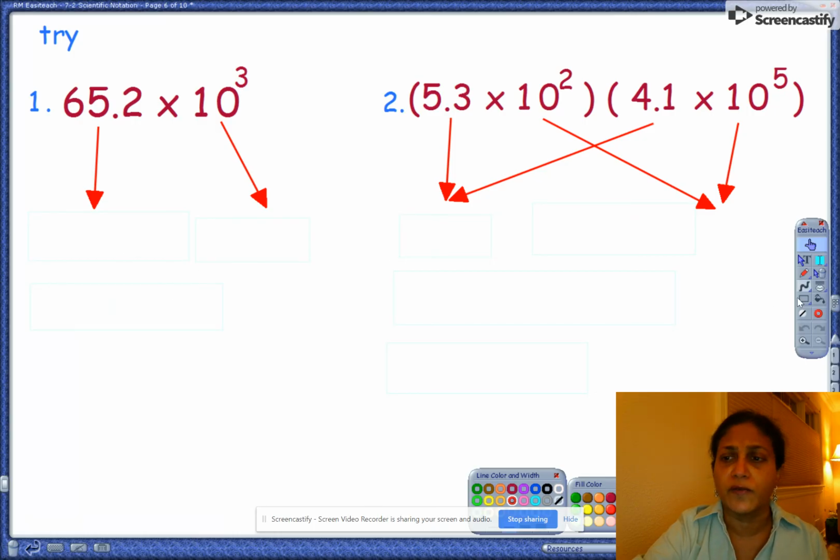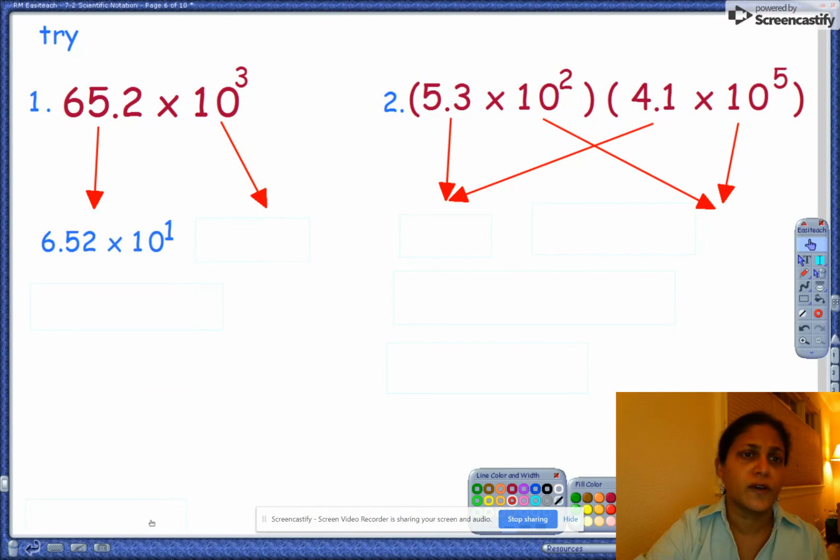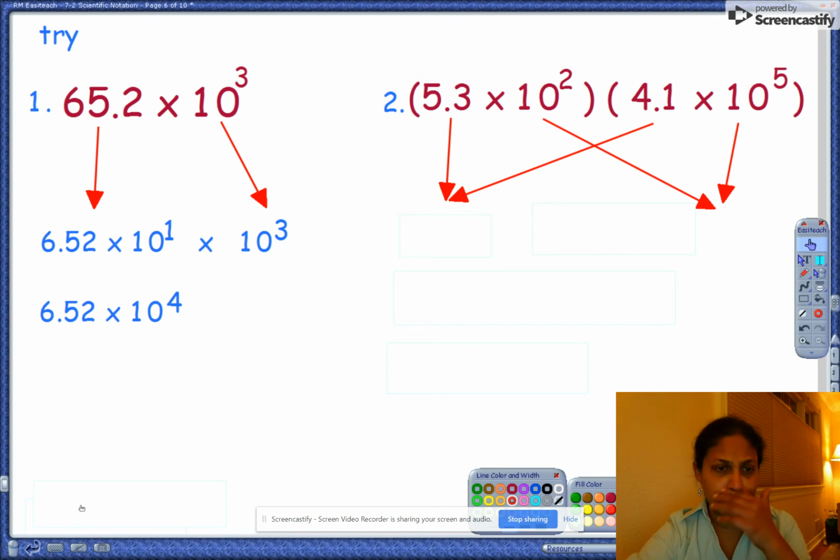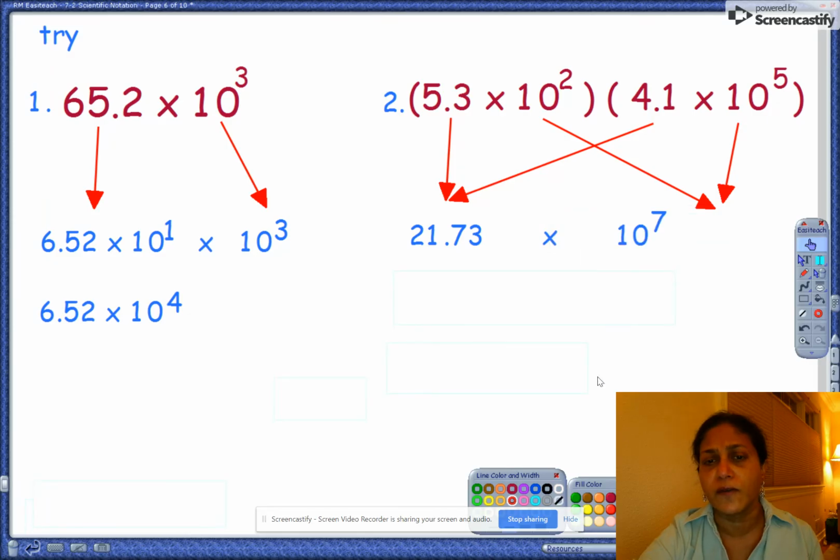I'm now going to reveal the answers. We have 6.52 times 10 to the first and times 10 to the third, and you're going to combine the powers of 10, and that is your properly written scientific notation number. And we're going to multiply the factors, which will give us 21.3, multiply the powers of 10, which will give us 10 to the seventh.